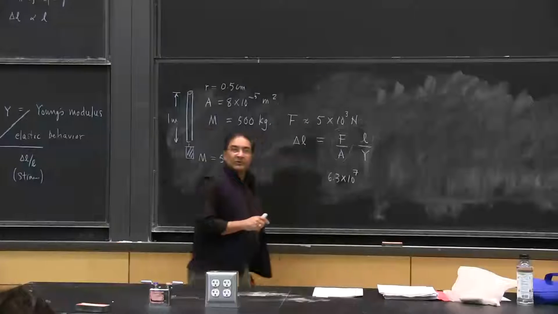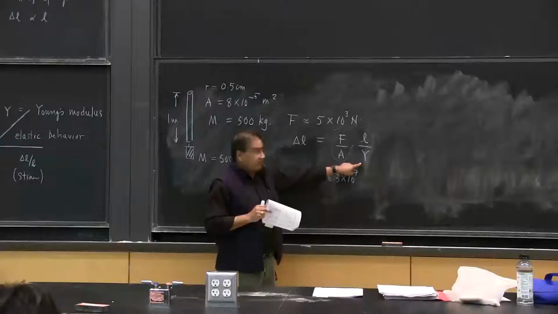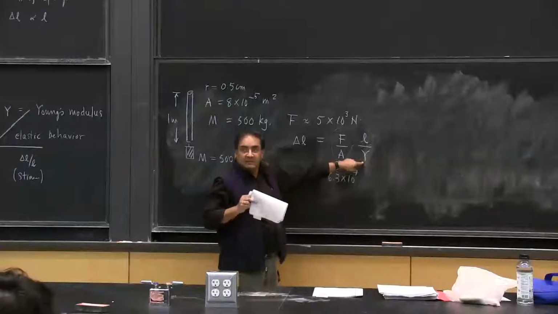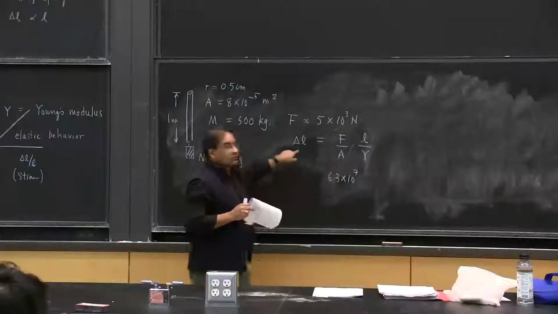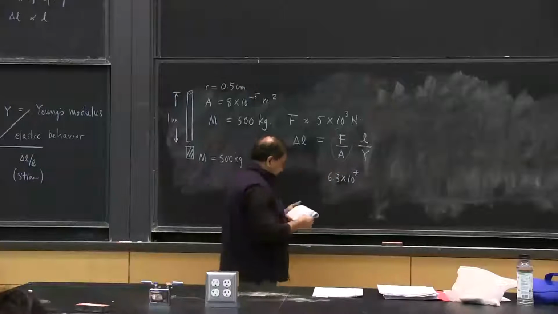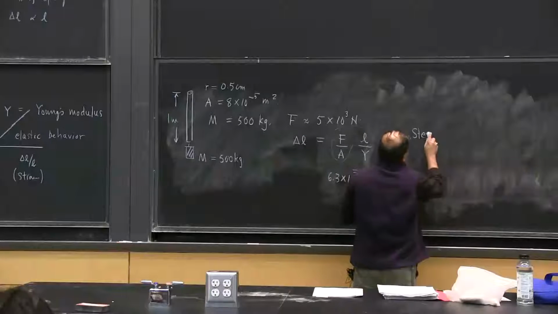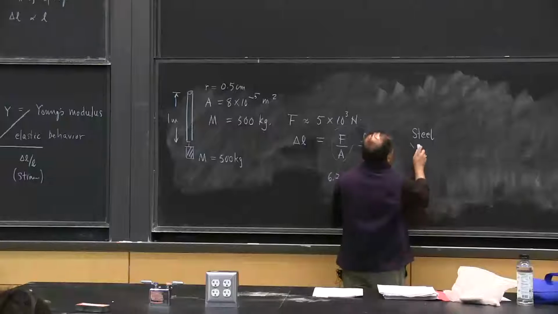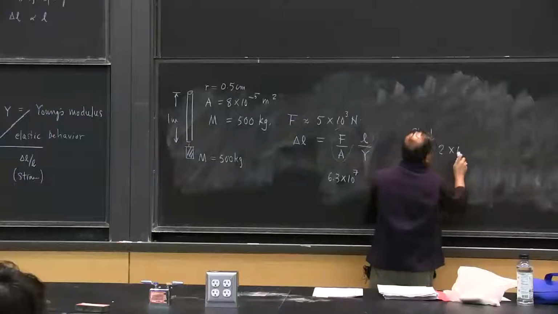The main point that I want to show you is that Y plays a very important role, right? If Y is very low or very high, that controls how much delta L would be. Typically, for example, for steel, you can look it up. For steel, the Y value is approximately 2 times 10 to the 11.